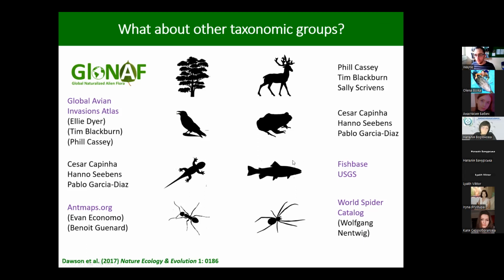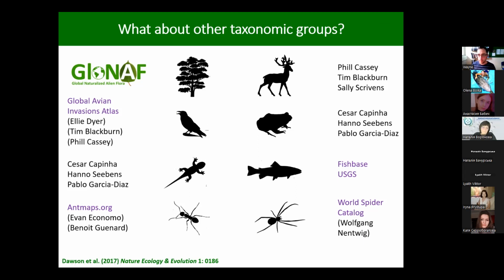And then we used Fishbase and the US Geological Survey databases to put together a data set of introduced and establishing fish. And I should say these are freshwater fish rather than marine ones. And then finally, we looked at spiders using the World Spider Catalogue.